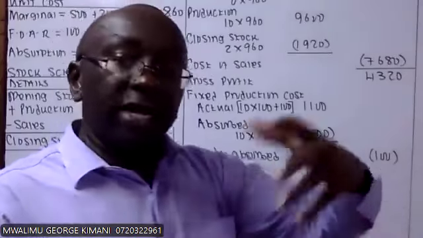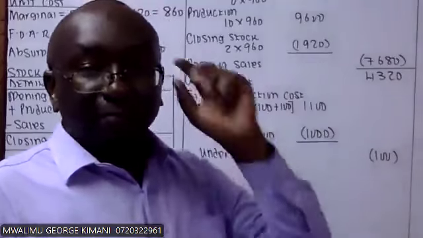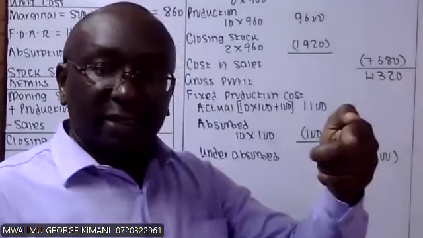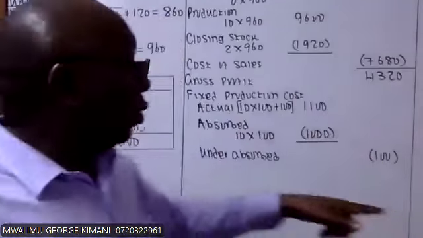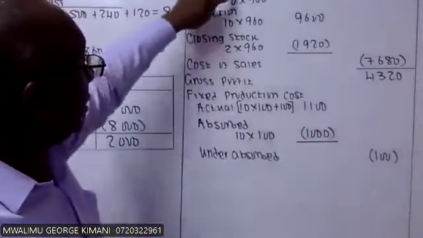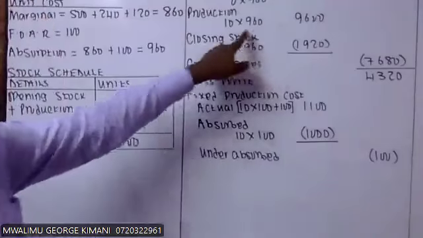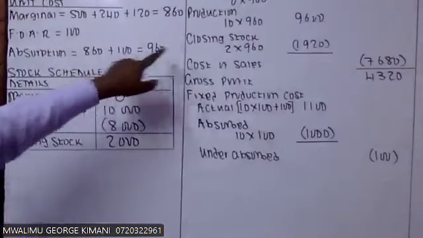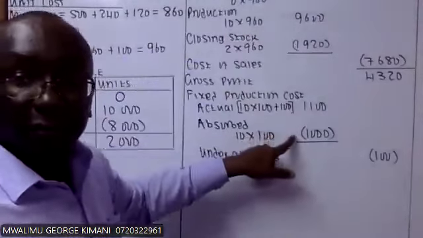And still explaining further, absorbed is what we have charged to the units or to the products. So what we have charged up here, remember this 960, it includes this 100, the fixed. So what we have charged here in our goods is 1,000.